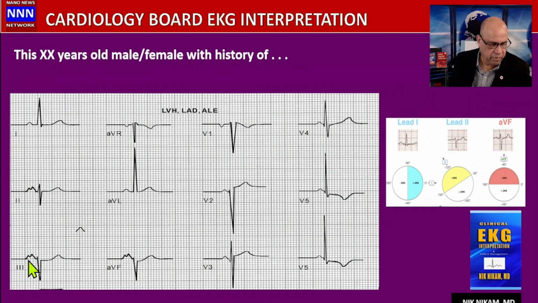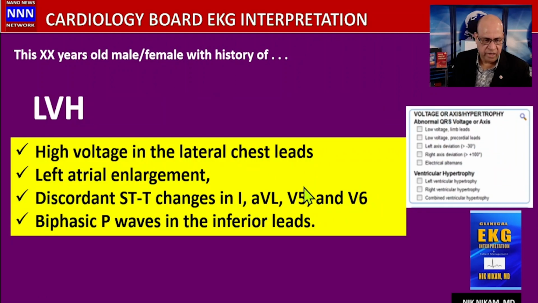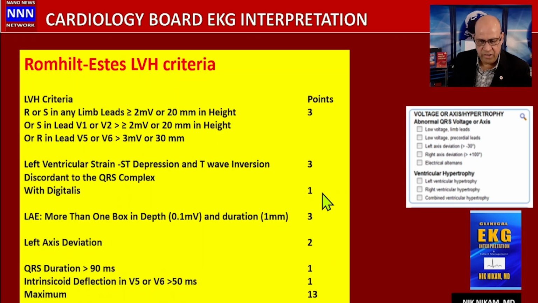You see biphasic P waves in the inferior leads, and the second peak, which is the left atrial activity, is higher than the right-sided atrial activity, left atrial enlargement, increased voltage, and discordant STT changes. Every word is important in trying to pin this together so it meets all the criteria that's explained here for left ventricular hypertrophy with strain, left axis deviation, left atrial enlargement, and left anterior hemiblock.